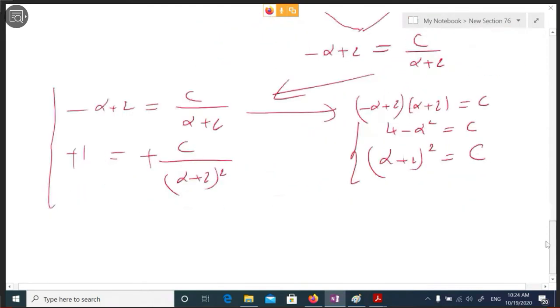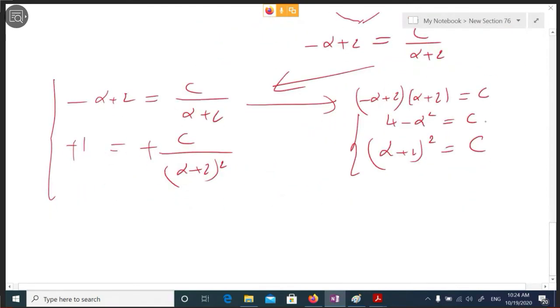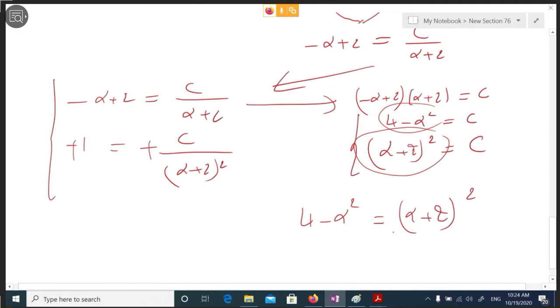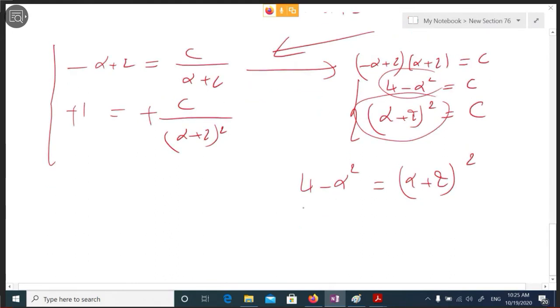So I have these two equations. C is equal to the first expression and C is equal to the second, so they give me 4 minus alpha squared is (alpha plus 2) squared. And then I solve for alpha.